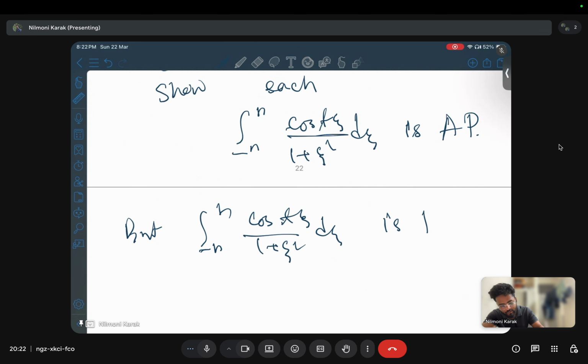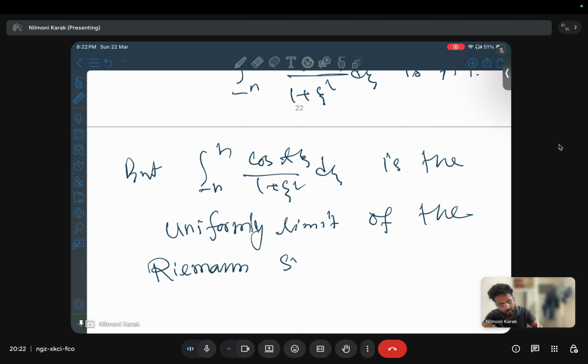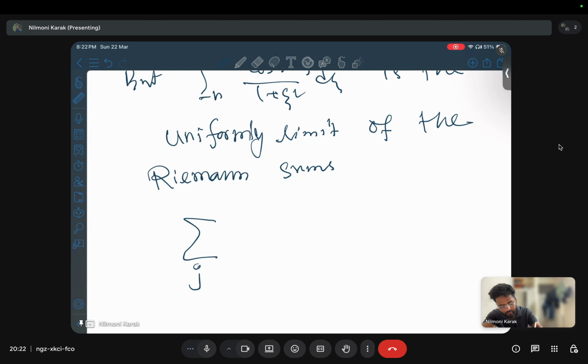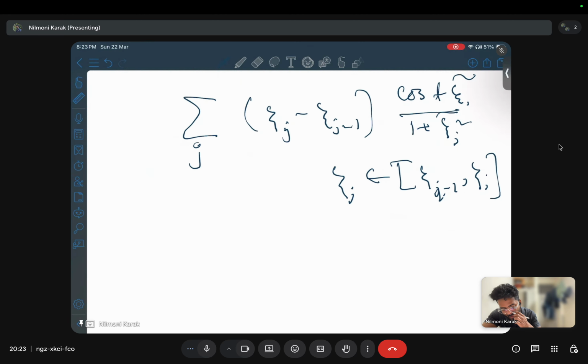This is the uniform limit of Riemann sums, over the intervals from j minus 1 to j tilde.